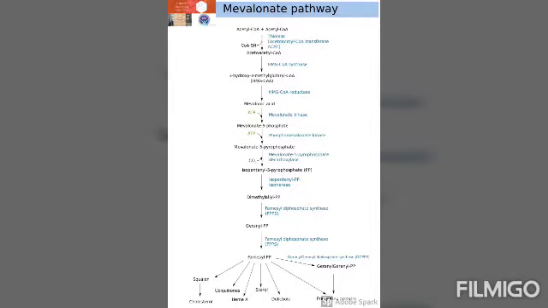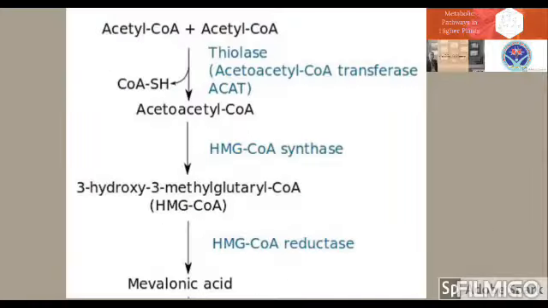In the first step of this pathway, two acetyl coenzyme A molecules are condensed to form acetoacetyl coenzyme A, which is followed by the formation of 3-hydroxy-3-methylglutaryl coenzyme A, that is, HMG coenzyme A. Further, HMG coenzyme A is reduced to form mevalonic acid.